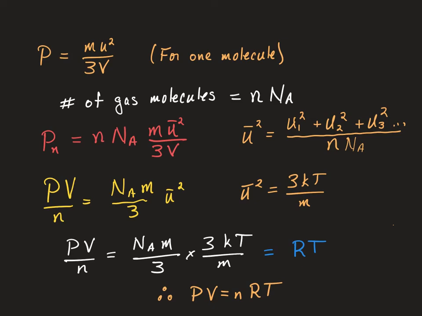But if we go back to what we said about the Boltzmann relationship, the speed squared equals 3 times Boltzmann's constant times the absolute temperature divided by the mass. So if we substitute that for the speed squared, we get this. But, right, 3 divided by 3 is 1. Mass divided by mass is 1.